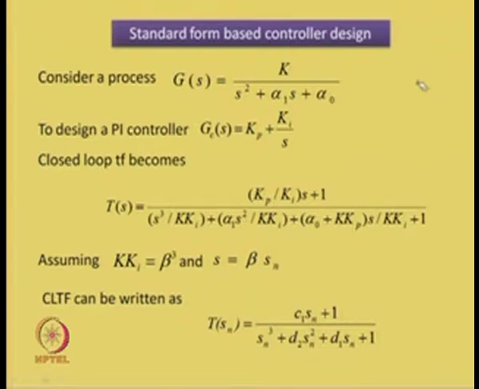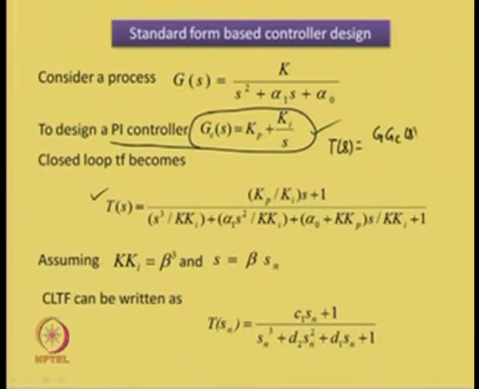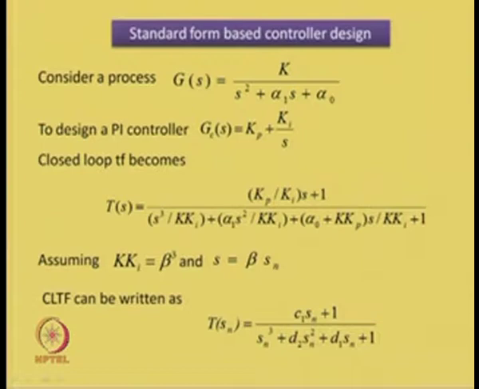For this process, when the PI controller dynamics is defined as Gc(s) equal to Kp plus Ki upon s, then the closed loop transfer function T(s), which is Gc(s)G(s) upon 1 plus Gc(s)G(s), can be written and simplified in the form shown over here, where the closed loop transfer function numerator has the term Kp upon Ki times s plus 1, divided by s cubed upon kKi plus alpha 1 s squared upon kKi plus alpha 0 plus kKp s upon kKi plus 1.